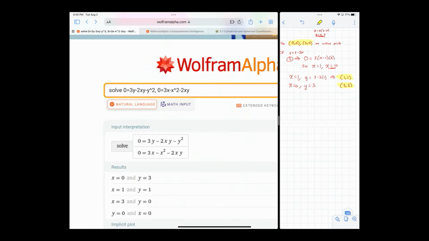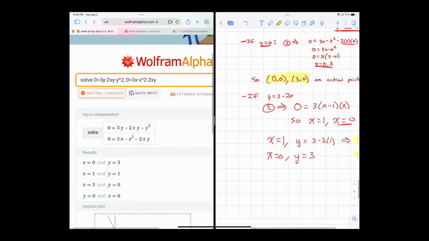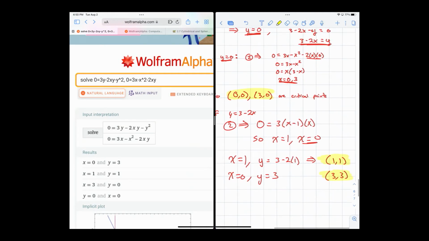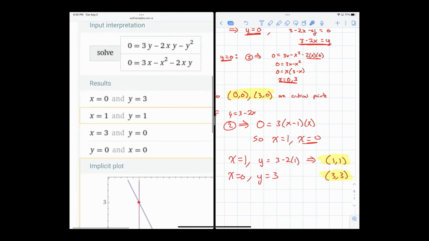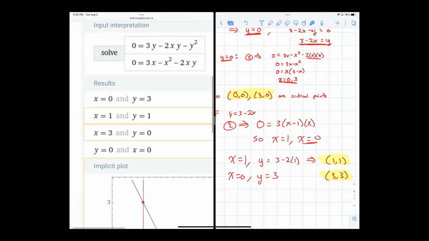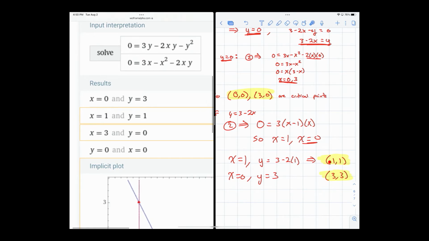that's what I got. So if you back this up and you look at what we found by hand here, notice I've got 0, 0, which is on this list, the bottom one, 3, 0, which is the second from the bottom, 1, 1, which is the second from the top, and 3, 3, which, wait, what happened?